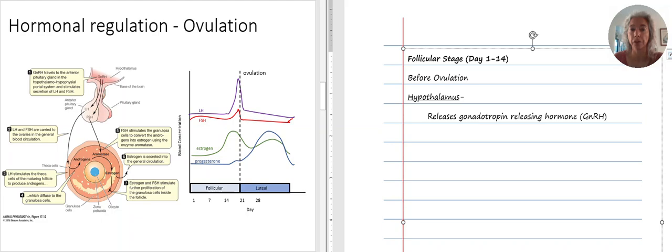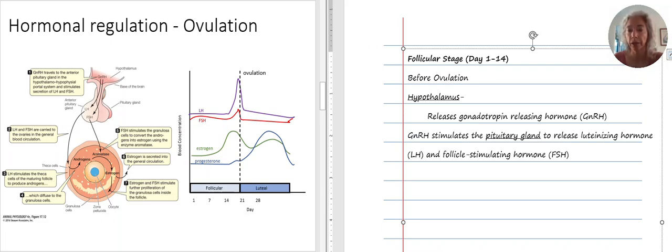During this first stage, the hypothalamus is going to release gonadotropin releasing hormone. Here's the hypothalamus, here's the gonadotropin releasing hormone. And that is going to target the pituitary gland right here.